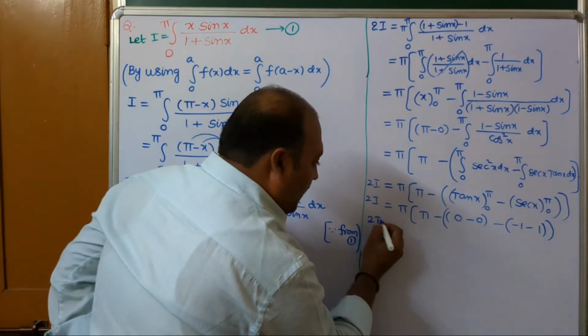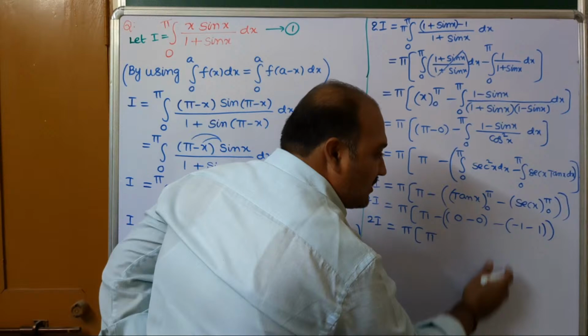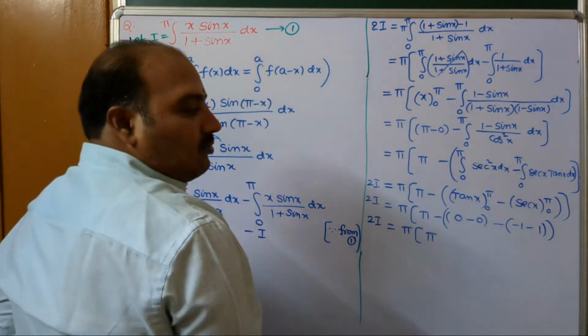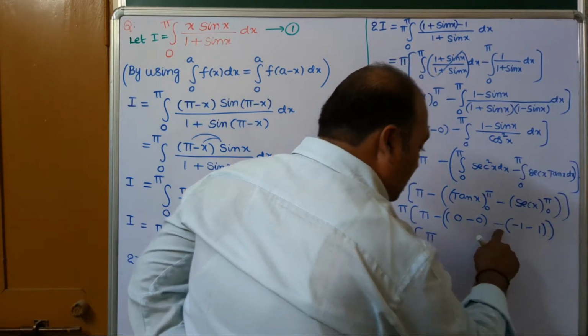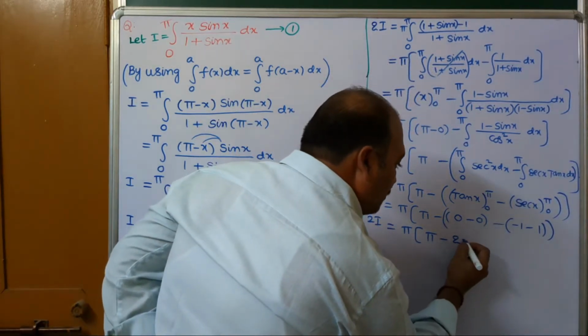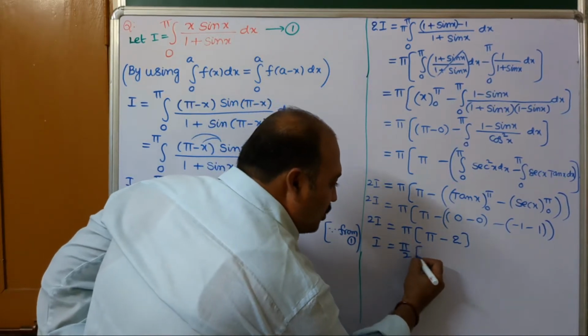So 2I equals pi into pi minus of minus plus, here minus 2, minus into minus plus, again minus 2. So I equals pi by 2 into (pi minus 2).